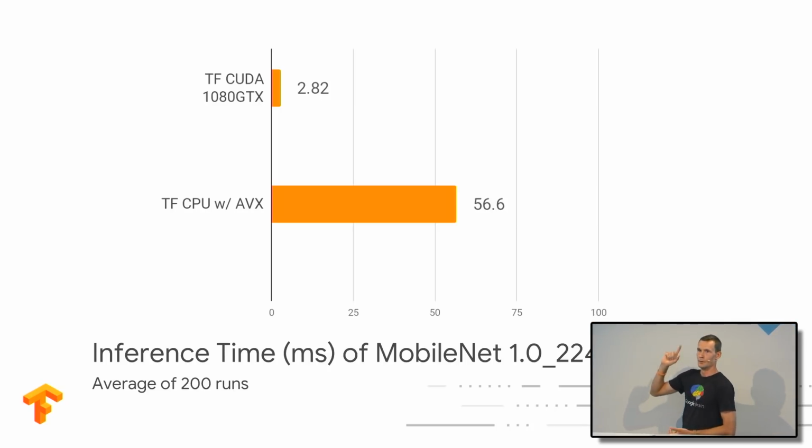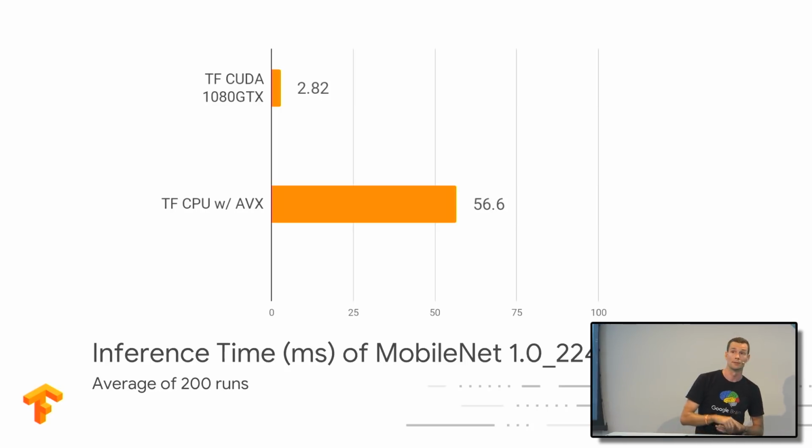These 2 graphs are actually Python benchmarks. This is running MobileNet on the command line with Python TensorFlow. There are 2 benchmarks. The bottom one is on a 13-inch MacBook Pro, and that's the AVX, so this is a CPU build. There's no graphic acceleration on this. And the top one is a really expensive desktop that we have at our office for doing these things with a GTX 1080, which is currently NVIDIA's top of the line for maybe another week or two.